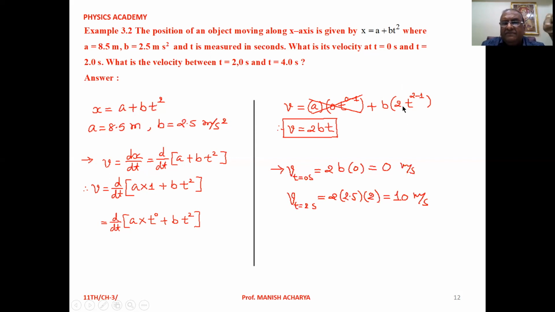Then after, for velocity at time t equal to 2 seconds, substitute t equal to 2 second in this equation. So 2 into value of b, that is 2.5, and time t, that is 2 second, your answer comes to 10 meter per second.